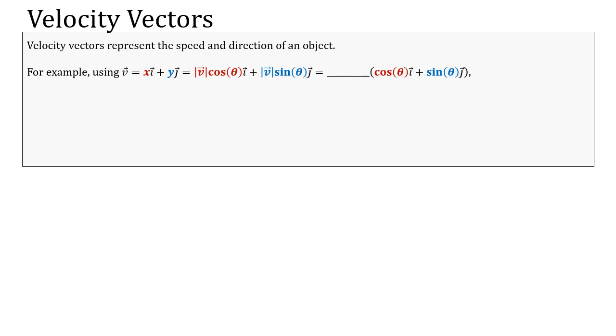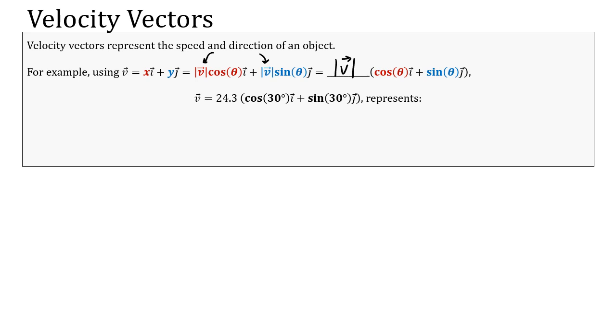Another way to write that is by recognizing that in both of those terms there was a magnitude of vector v. So I'm going to factor that out and say that we can now just write the magnitude of the vector times the quantity cosine of theta i plus sine of theta j. And we can use that to help us describe what this vector might represent.